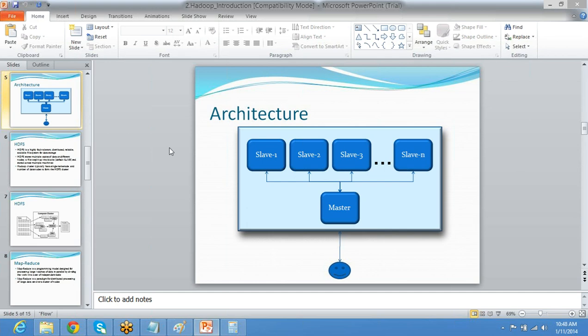I think the most important thing in the master is metadata, and the metadata must be backed up in a file system, maybe in HDFS. After master failure, you have to start a new machine and restore the metadata, and I think you're ready to go.